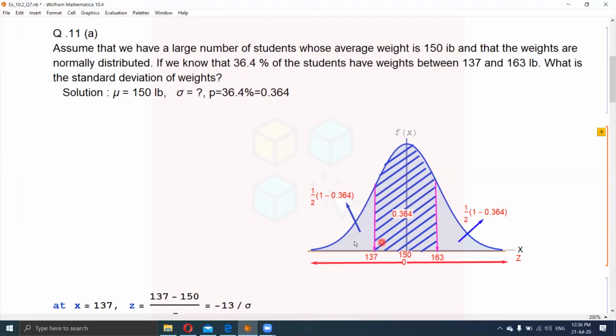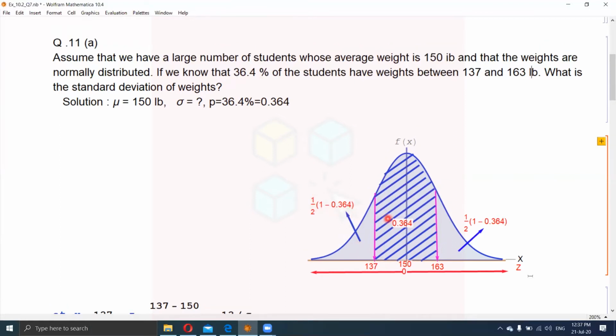The sum of both areas is equal to 1 minus 0.364, and the area on each tail is obtained by dividing this difference by 2.